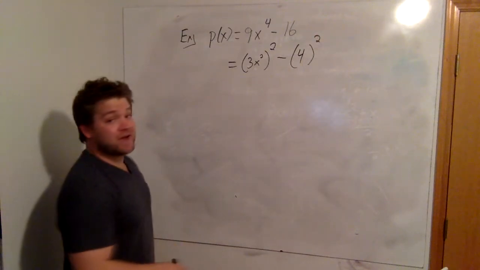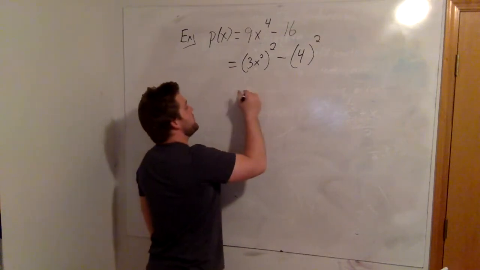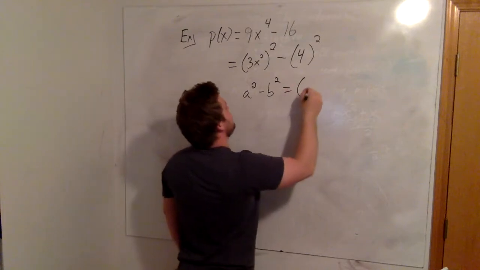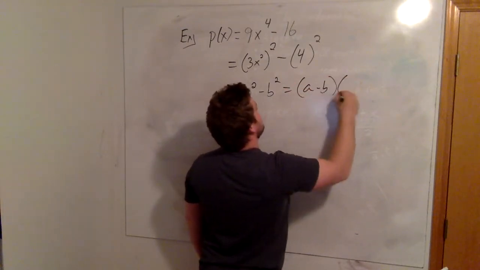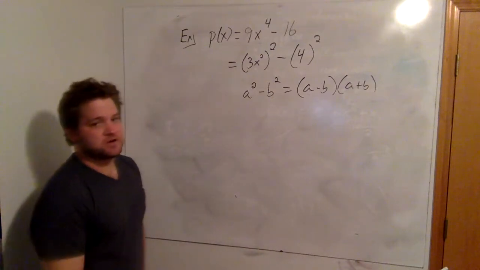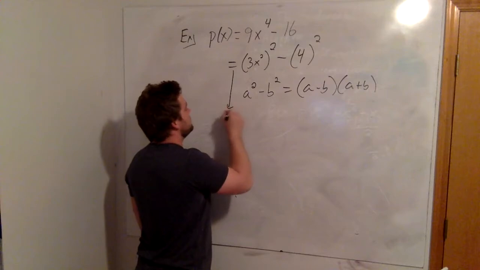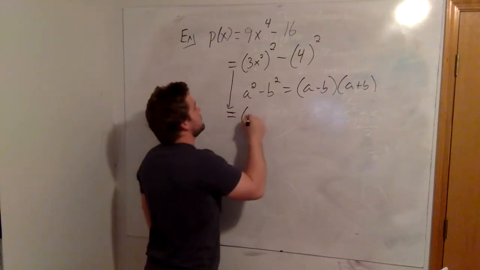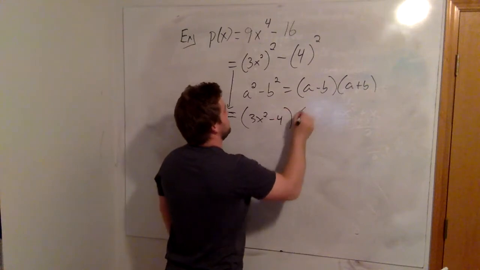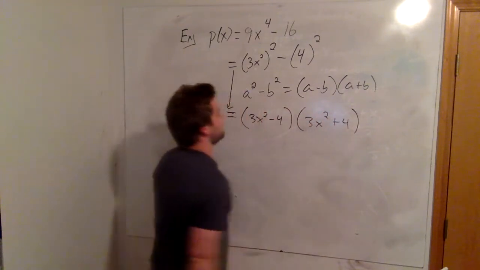So recall when I have a difference of squares, a squared minus b squared, that factors to a minus b times a plus b. So this polynomial will factor to 3x squared minus 4 times 3x squared plus 4.